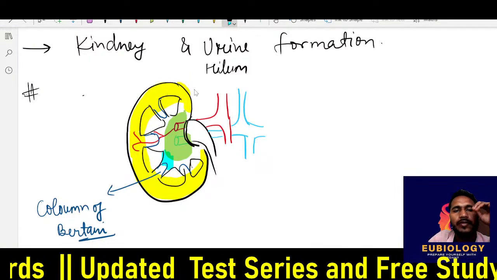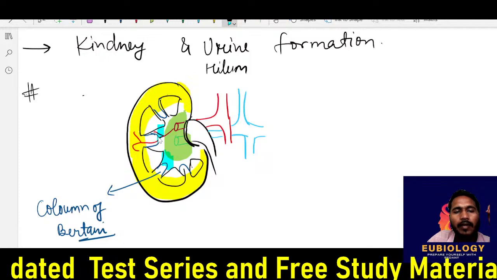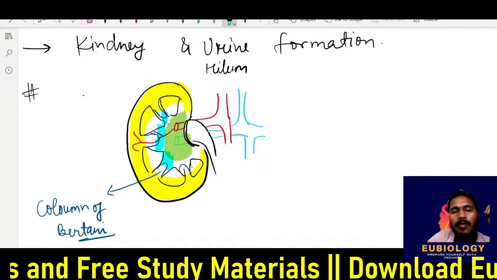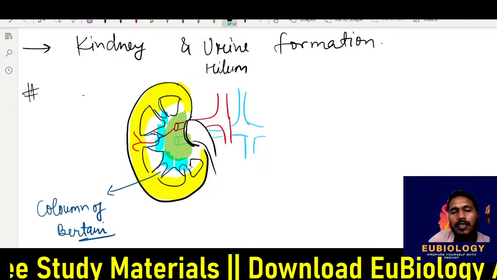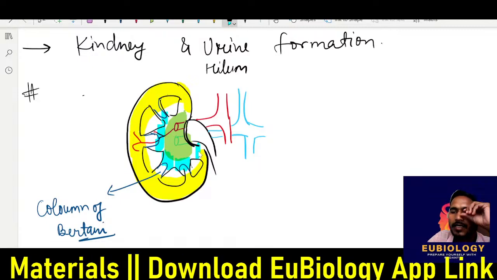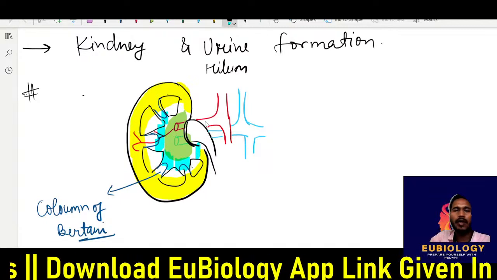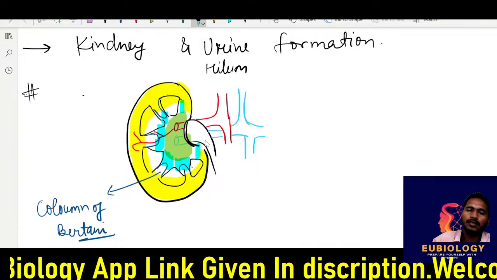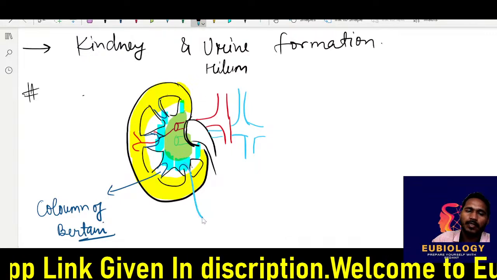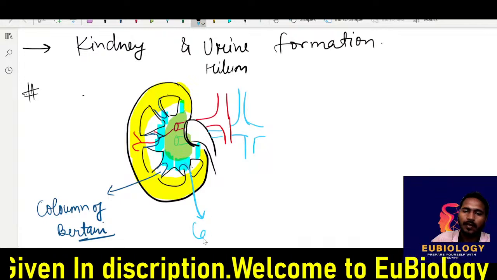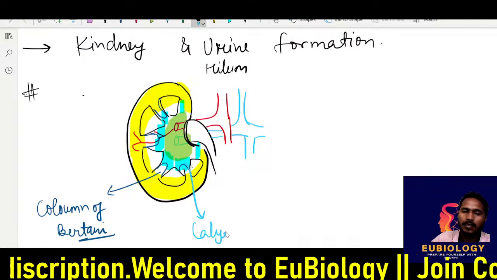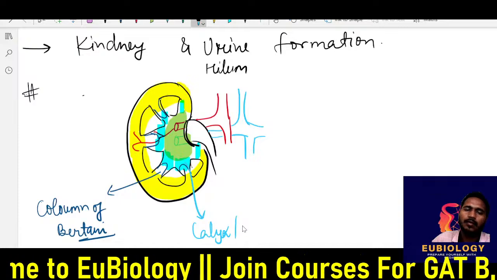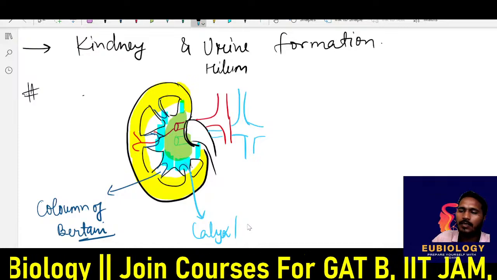So this region with blue color is called the calyx. Or it can be wider, then it is called a major calyx. Or if it is narrower, then it is called a minor calyx. So this region is called the calyx, major or minor calyx. Okay.